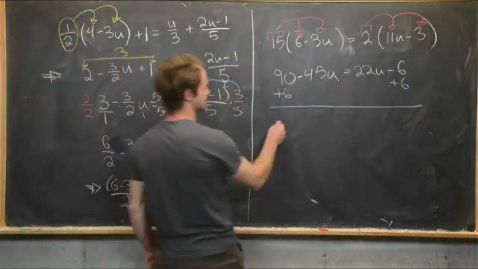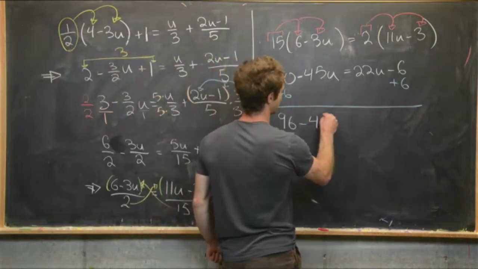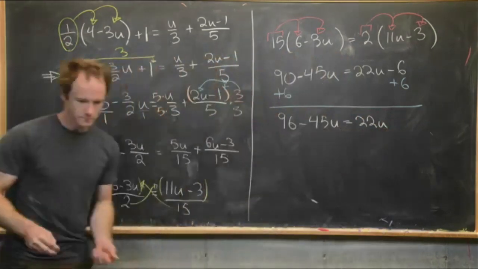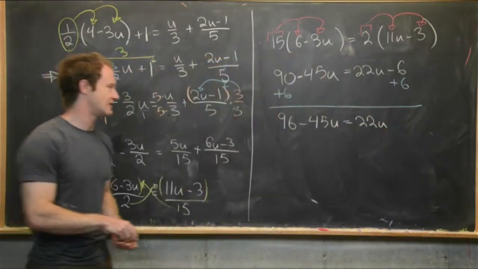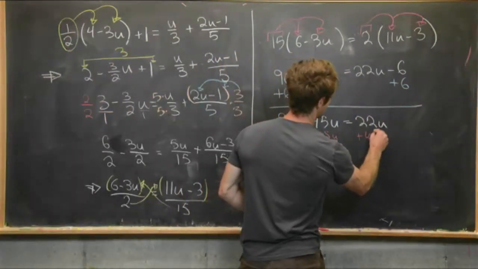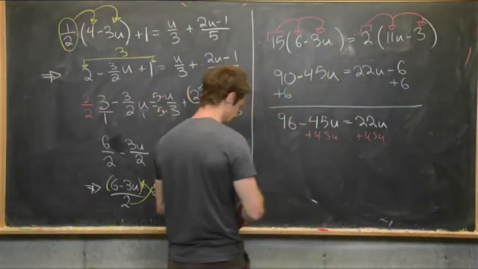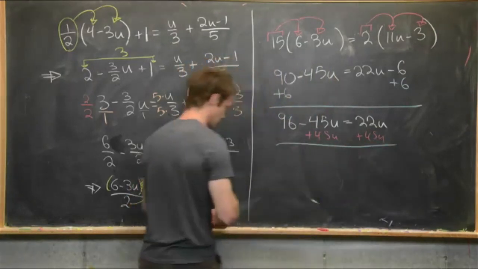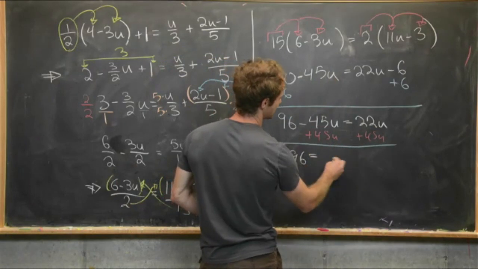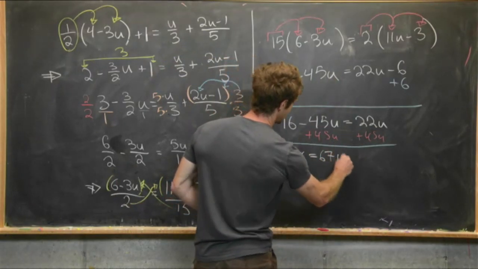So let's see, that's going to give us 96 minus 45u equals 22u. We can add 45u to both sides, so plus 45u. So let's see, that gives us 96 equals, that's going to be 67u.